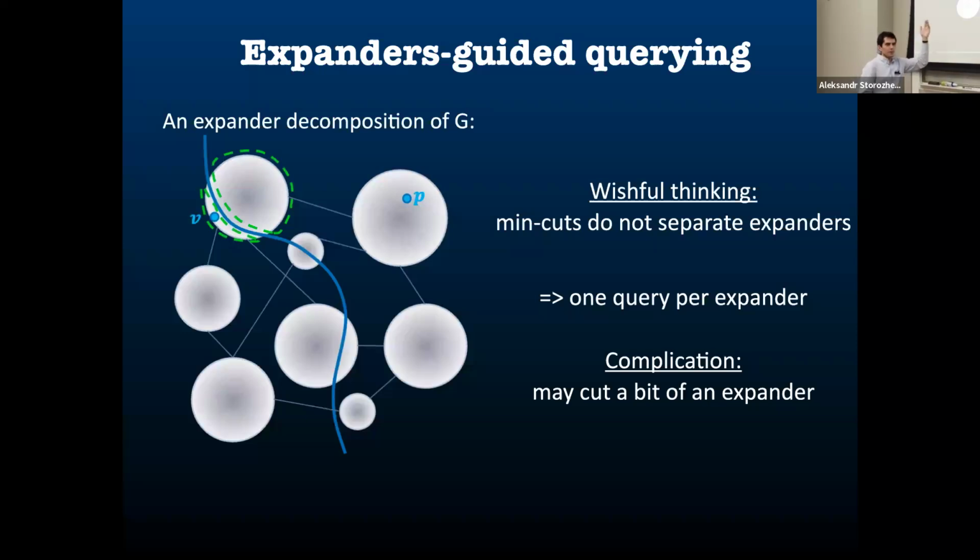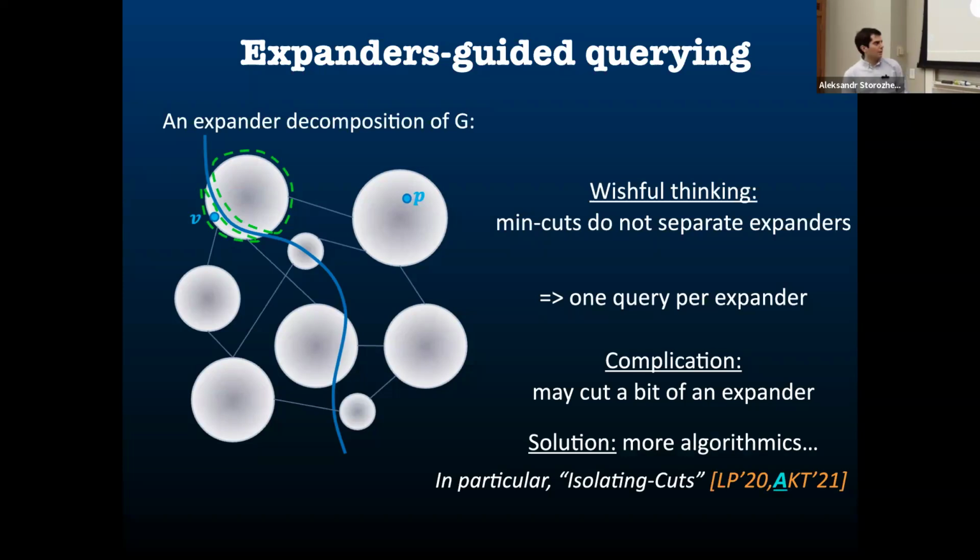So this is a complication that we have to deal with, and I just want to highlight this thing called isolated cuts, which is the tool that helps us do all these cleanups. It's basically a way to compute a lot of small cuts at the same time. You run one of log n calls to minimum cut, and you simultaneously get a lot of minimum cuts as long as they're all kind of logarithmic. That helps you do this cleanup.